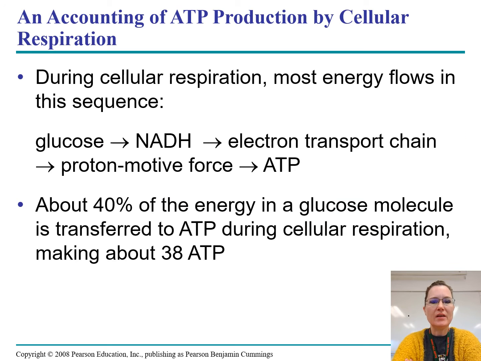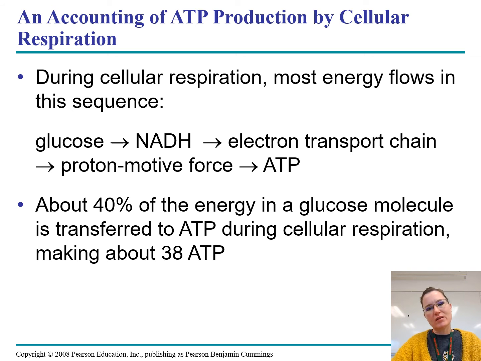Alrighty, this one is talking about where we get all the ATP, or all the bang for our buck, when we break all the glucose apart. Where does it all go? The thing that matters is we're following the hydrogens. When we break apart the glucose, that H plus gets attached to NAD plus.